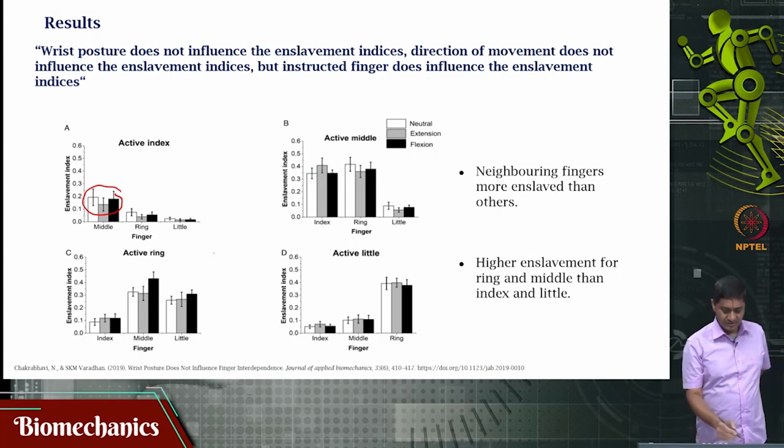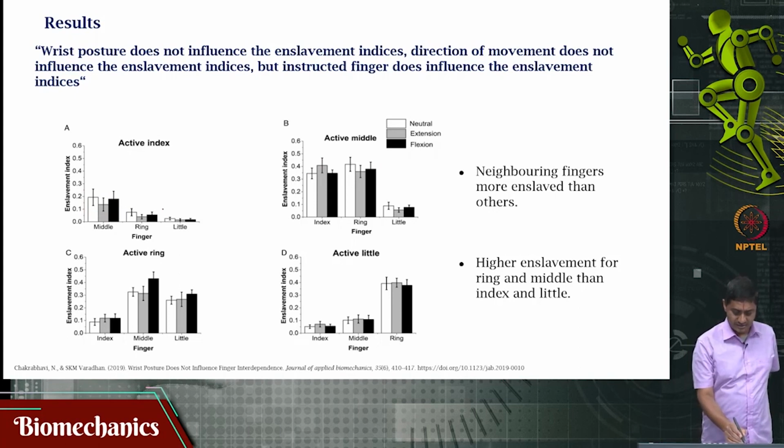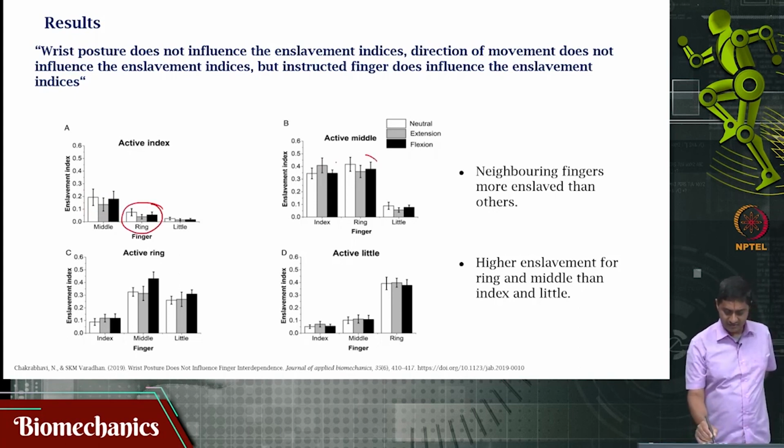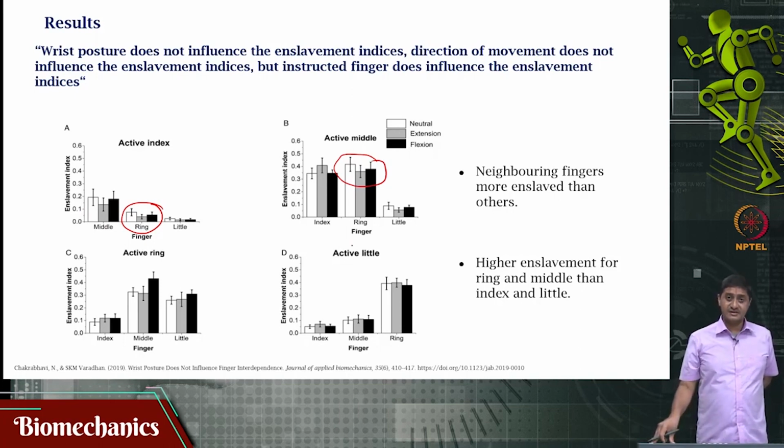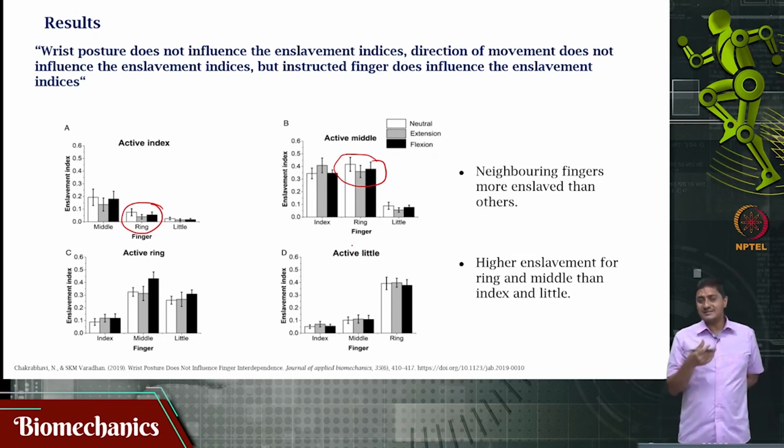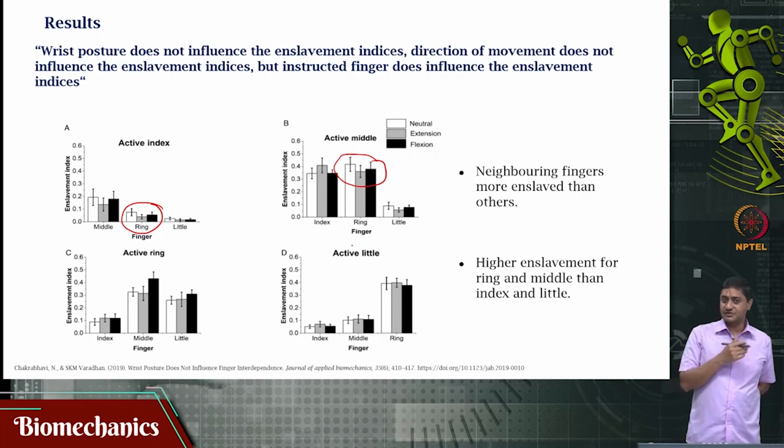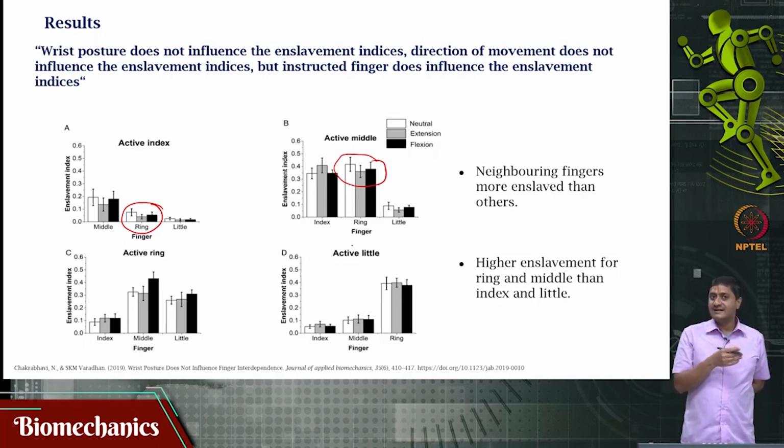Of course, these heights are lower than these heights. Actually, these are two different fingers. Okay, let us take the ring finger. These heights are different from these heights. Here, the enslavement index of the ring finger, when the middle finger is active, is about 0.4. When the index finger is active, it is about 0.05. Well, that makes sense, right? Because as per the Zatsiorsky study and the previous studies, the distance of a given non-instructed finger from the instructed finger matters.